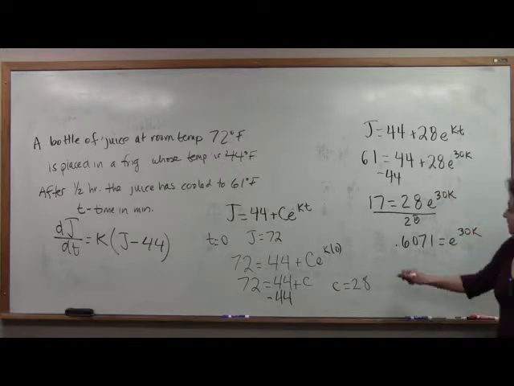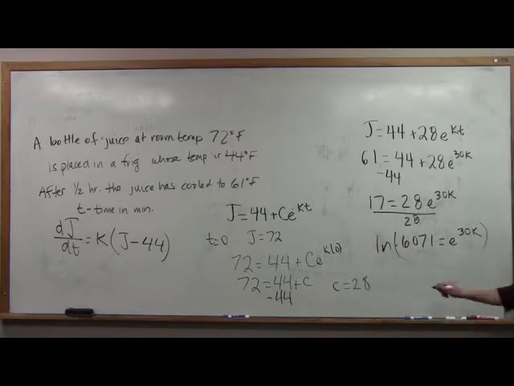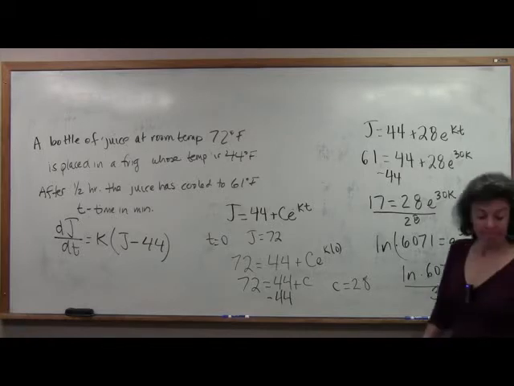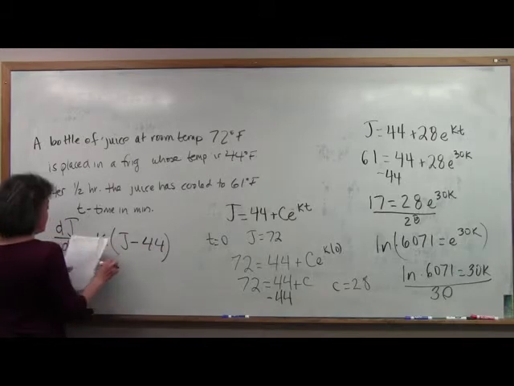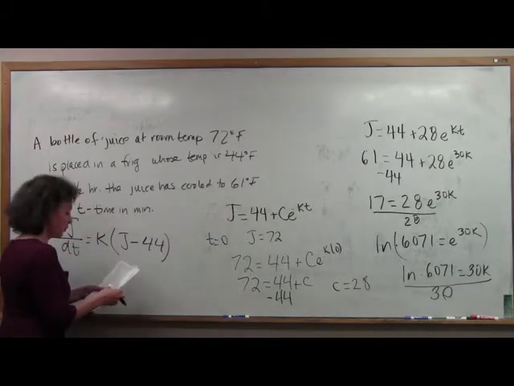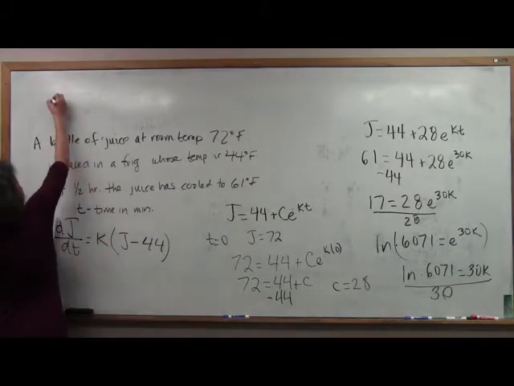And last but not least, I'm going to take the natural log of both sides. So the natural log of 0.6071 is 30k. And we divide both sides by 30. I claim if you do that, you're going to get k to be negative 0.02.